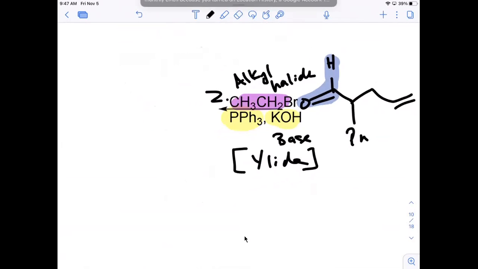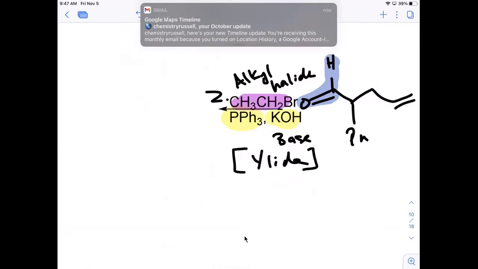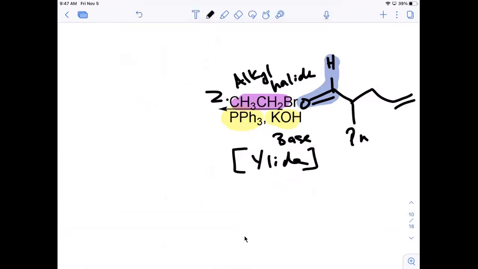What did I tell you the other day that you could do to know exactly what the product is going to look like? Because you know, first of all, the product has to be an alkene, right? Because it's a Wittig reaction, and that turns aldehydes or ketones into alkenes.